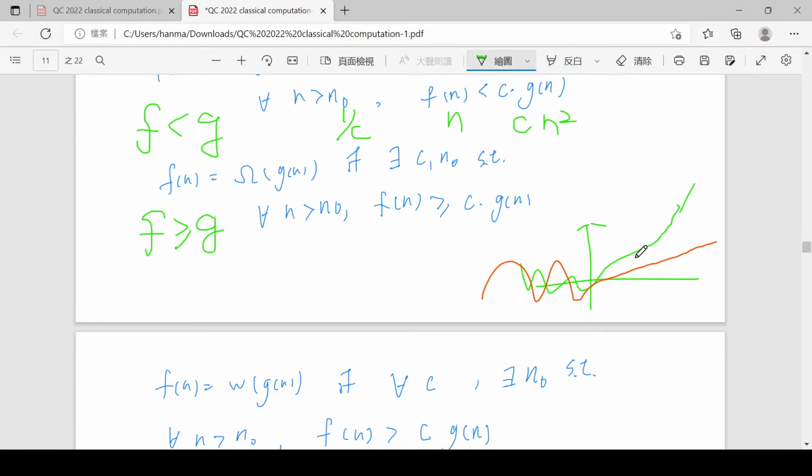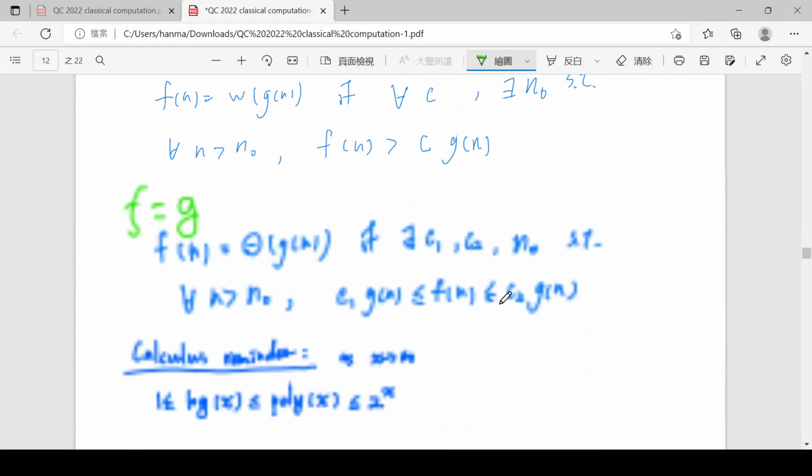So once N is bigger than this N naught, F of N grows like G of N, both linearly.